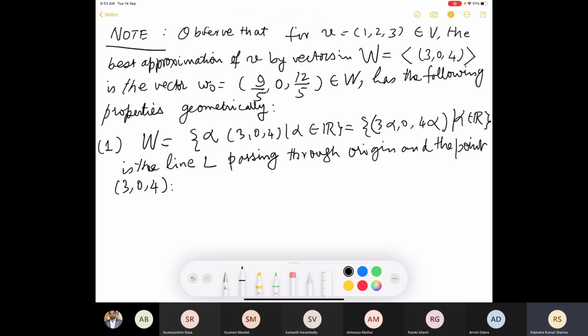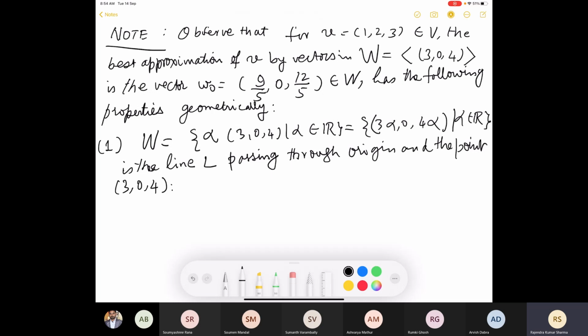The equation of the line that passes through two points (x1, y1, z1) and (x2, y2, z2) is (x minus x1) divided by (x2 minus x1) equal to (y minus y1) divided by (y2 minus y1) equal to (z minus z1) divided by (z2 minus z1). You can call this ratio, say, alpha.